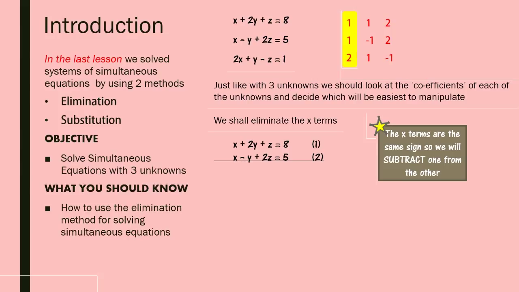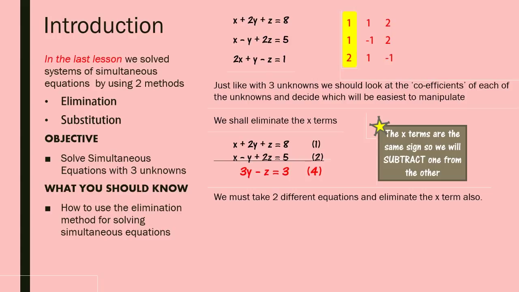So x minus x gives me nothing. 2y minus y gives me plus 3y, and plus z minus 2z gives me minus z. 8 minus 5 gives me 3. And I get a new equation, which I'll call equation 4, of 3y minus z equals 3. So we just have two unknowns in that new equation.